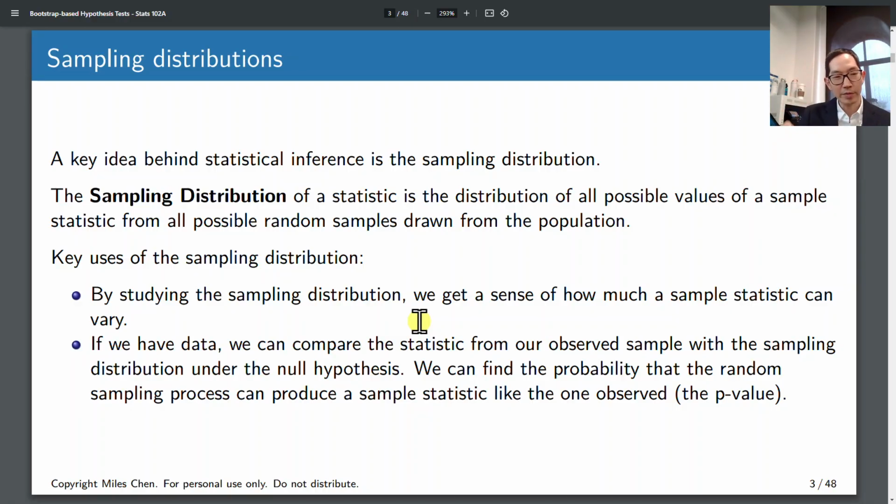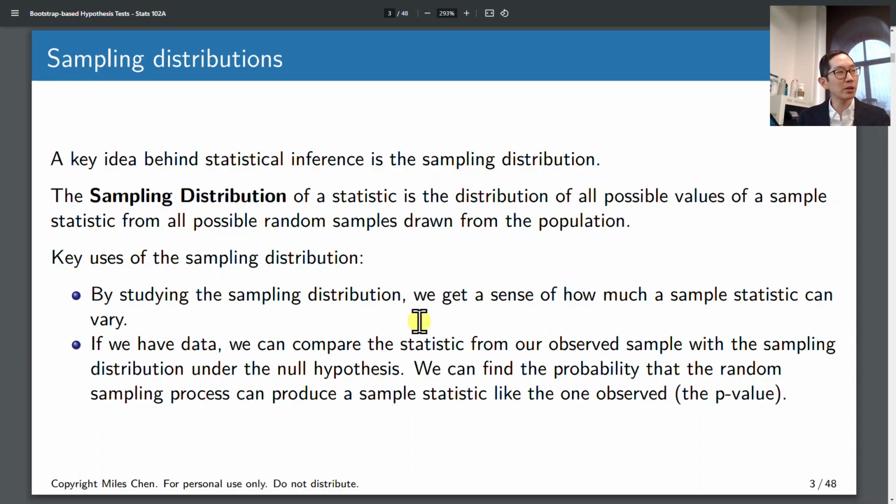And if we have data, we can compare the statistic from our observed sample with the sampling distribution under the null hypothesis, and decide: is my observed statistic a rare and extreme event if the null hypothesis were true, or is it an ordinary amount of variation if the null hypothesis were true?